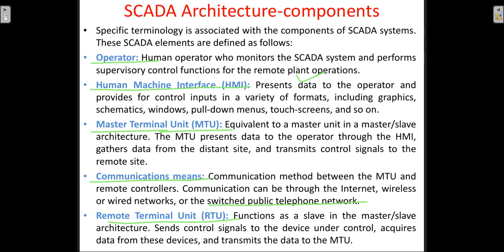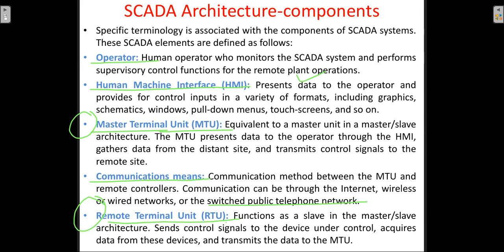Now you exactly know what the functions of the master terminal unit and the remote terminal unit are. It functions as the slave in the master slave architecture, sends the control signal to the device under control, acquires the data from these devices, and its duty is to transfer it to the MTU.